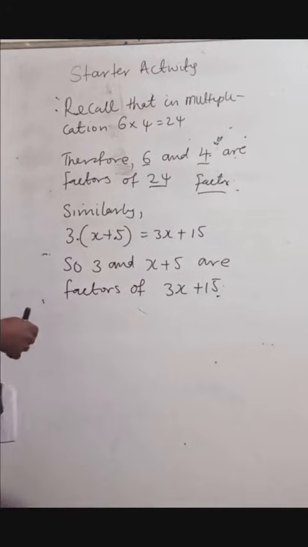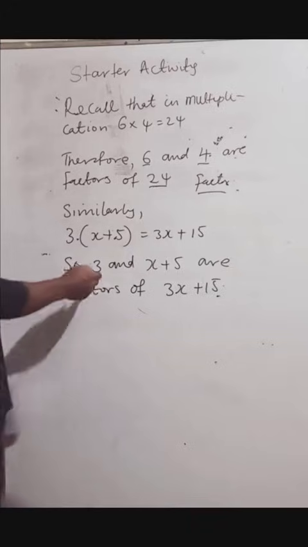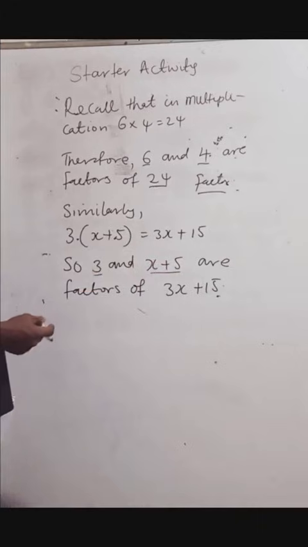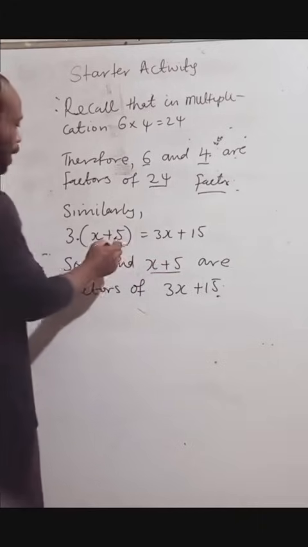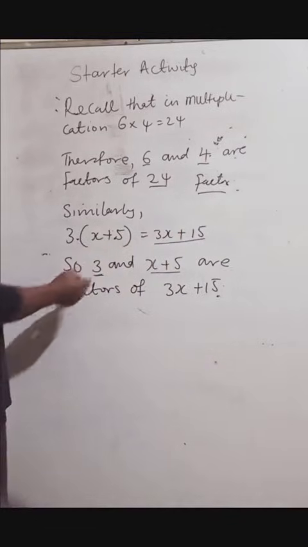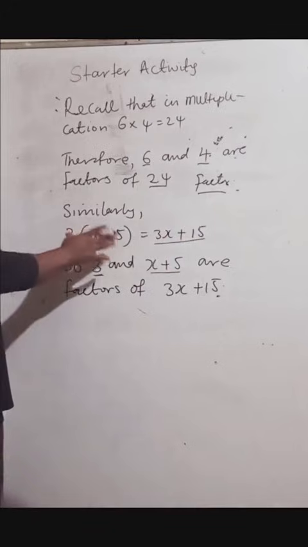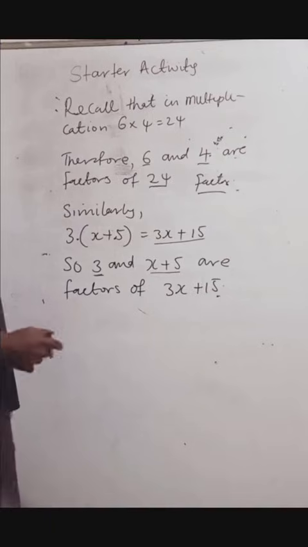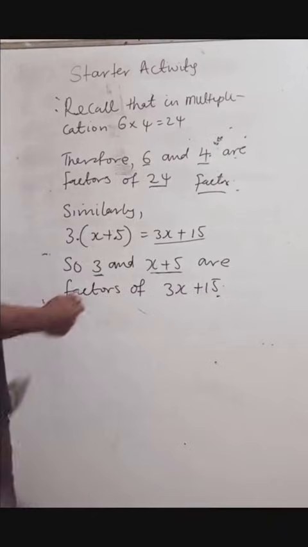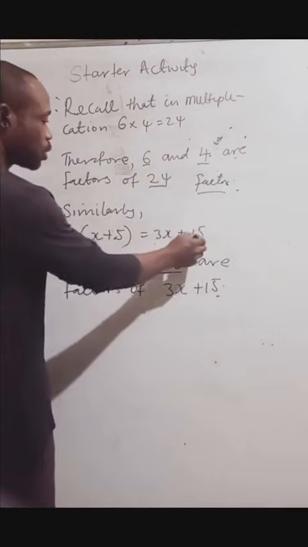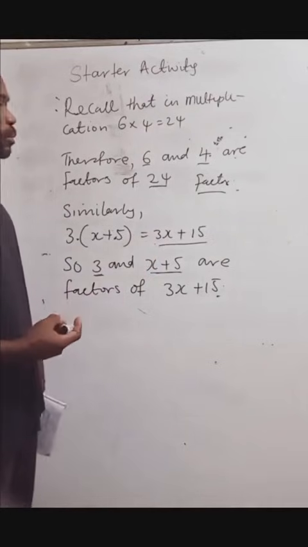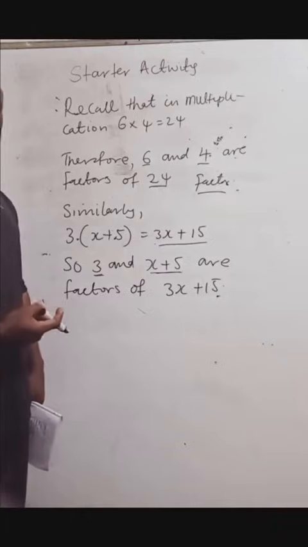Now take note that the number 3 and the algebraic expression x plus 5 are factors of 3x plus 15. Why are they factors of 3x plus 15?